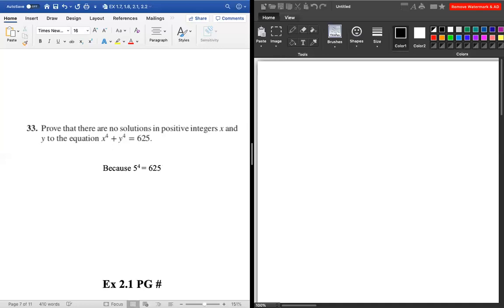So we know that both x and y must be less than 5.